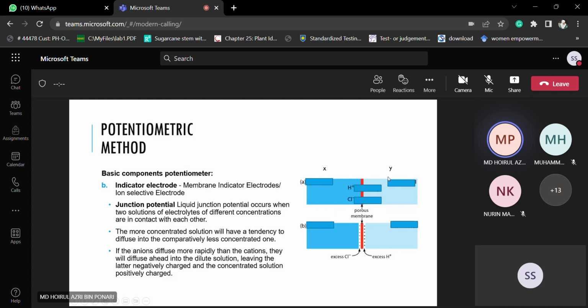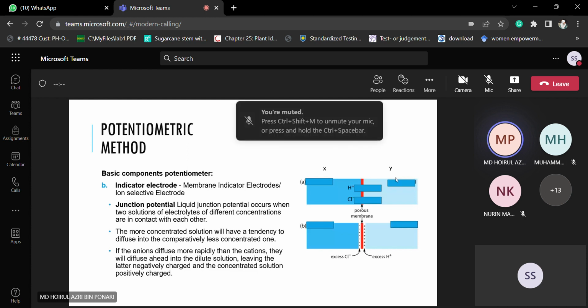So we have two solutions. For example, in X solution we have chloride ions, and in Y solution we have only water. So what happens? The chloride ions will diffuse into the lower concentration. Ini adalah simple diffusion.